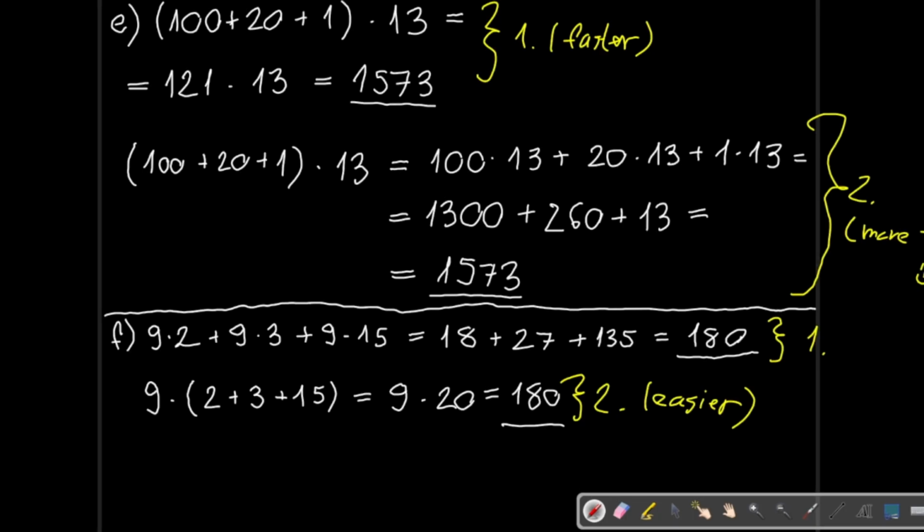Let's see. We have the G example now. And we have 2 plus 4 plus 6 plus 8 times 23. Okay. Let's do the bracket first. 2 plus 4 plus 6 plus 8.